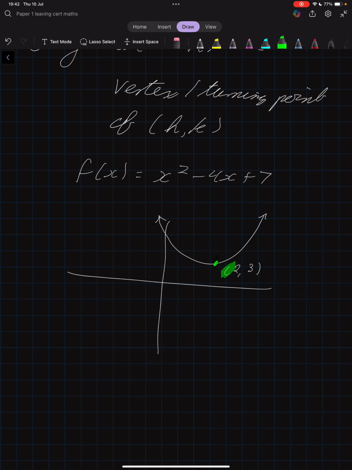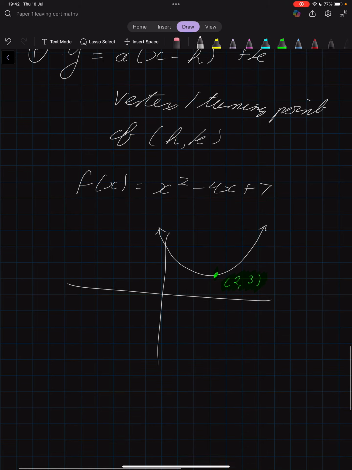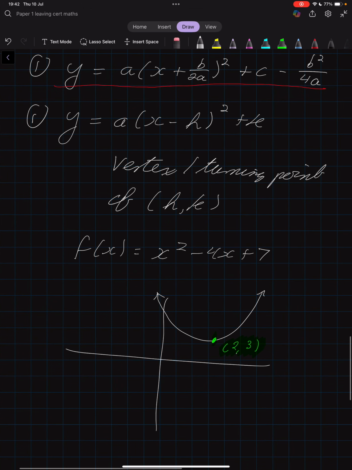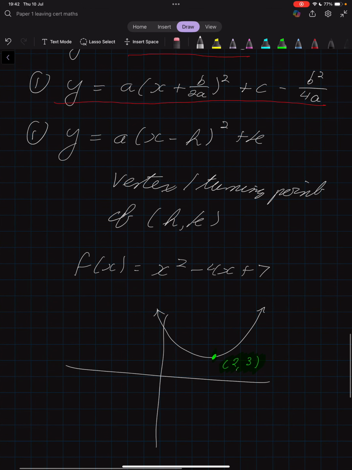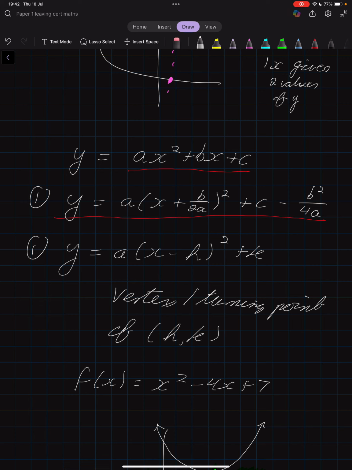And it's equal to 2, 3. So that's basically what we're saying here: if you complete the square on a quadratic, then you can get where the turning point is.